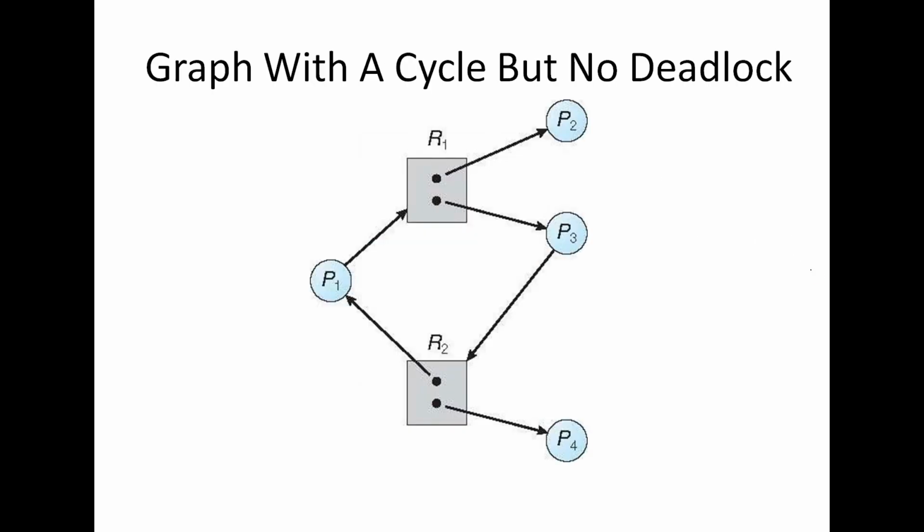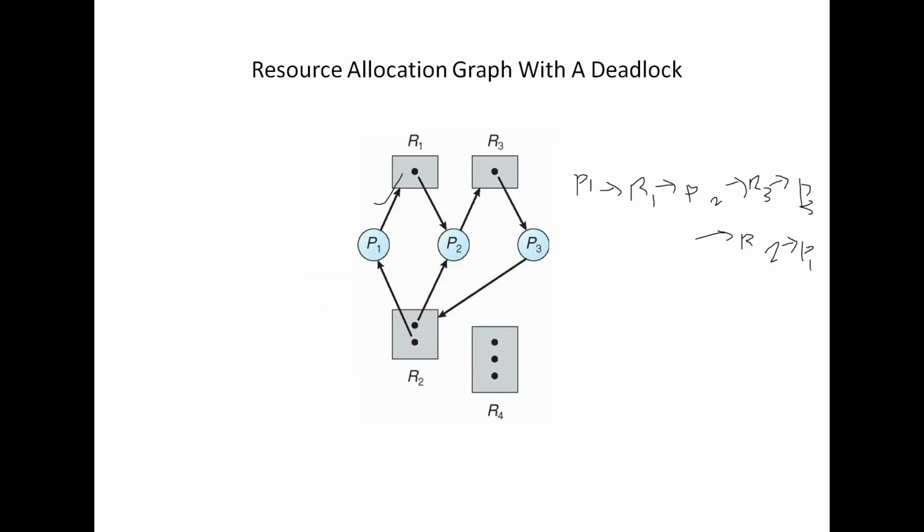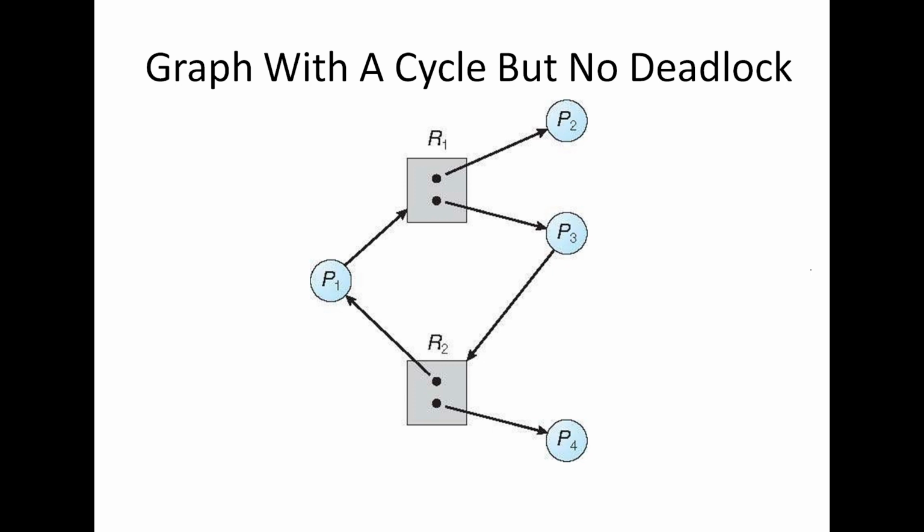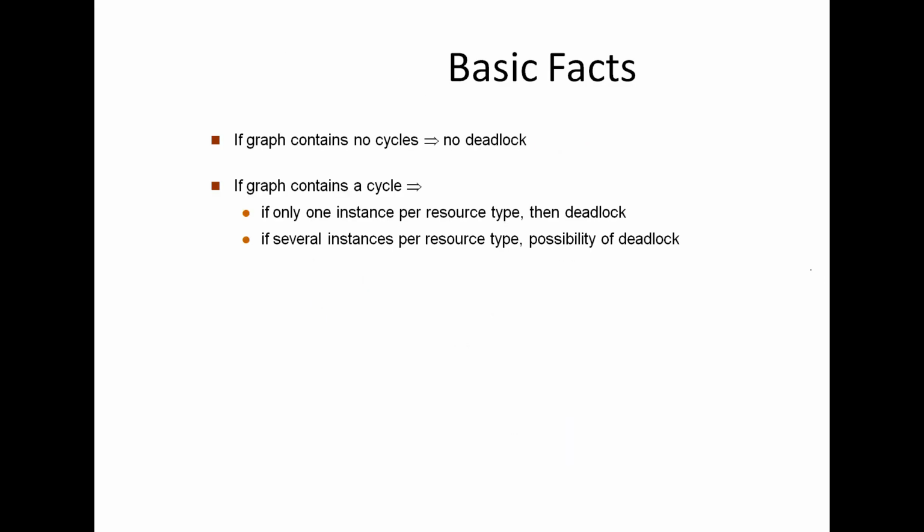Okay, so next diagram. If the resource allocation graph contains a cycle, it is not necessary that we have a deadlock. There may be a deadlock or there may not be a deadlock. In the earlier diagram we have a deadlock, but here the graph again has a cycle, but we don't get a deadlock. So the basic facts here are: if the graph contains no cycles, then there is no possibility of deadlock.